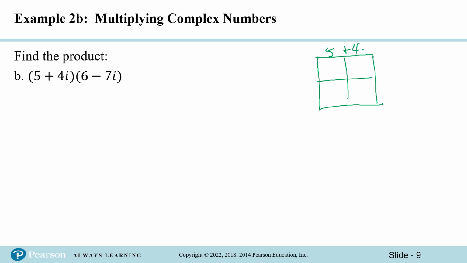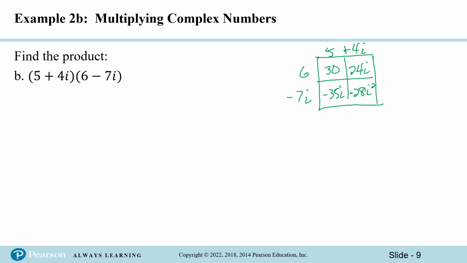It's just more visual. So you're still going to end up multiplying the 6 times the 5 and the 6 times the 4i, 5 times -7i, and -7i times 4i.